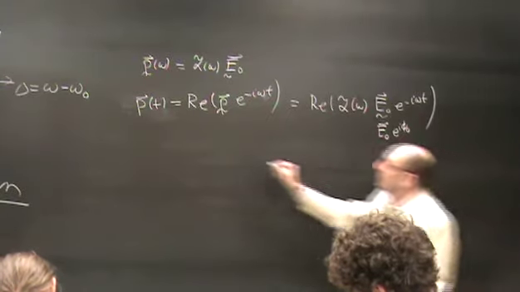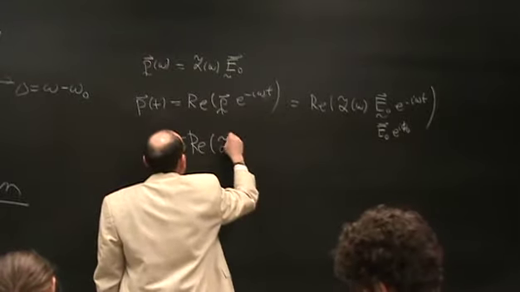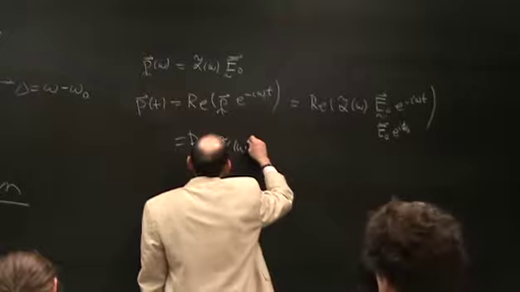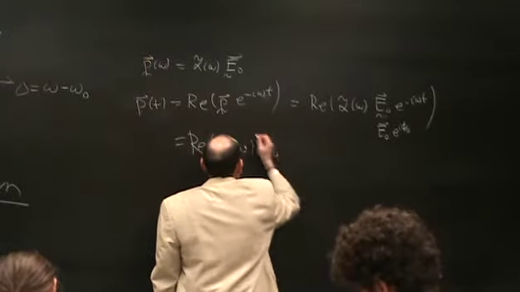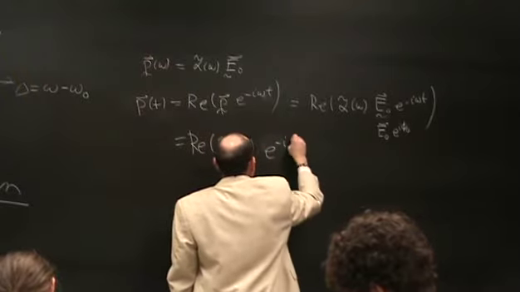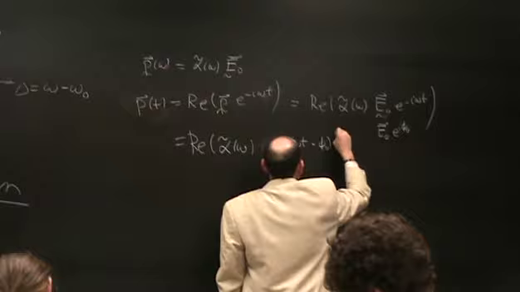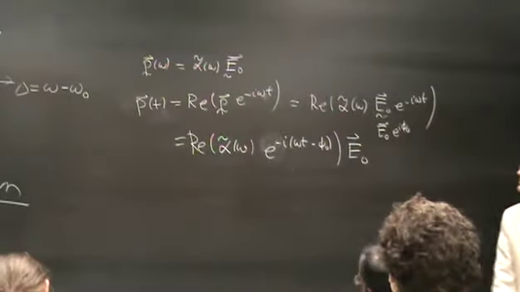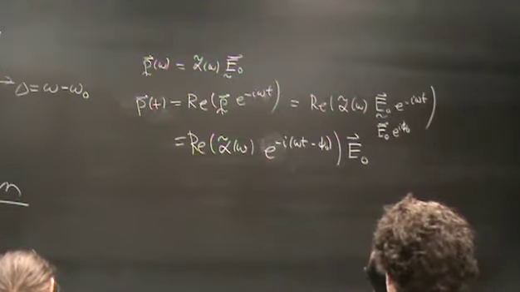So this then says that my induced dipole moment is equal to, how do I take the real part of that?